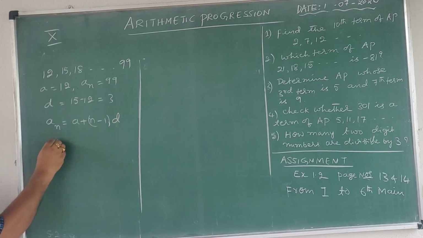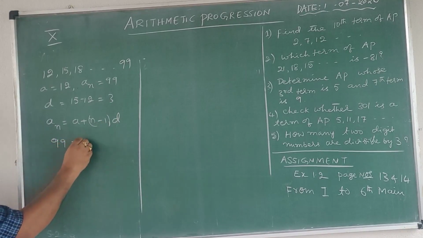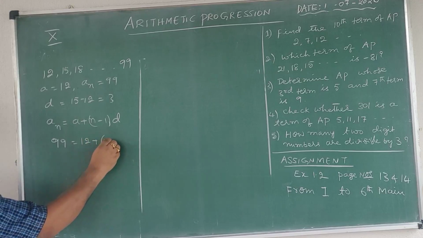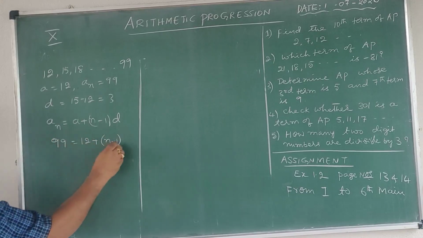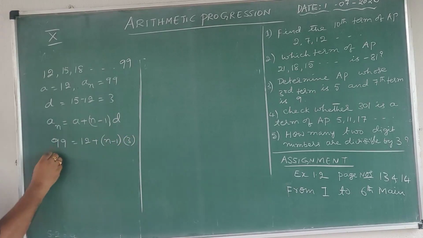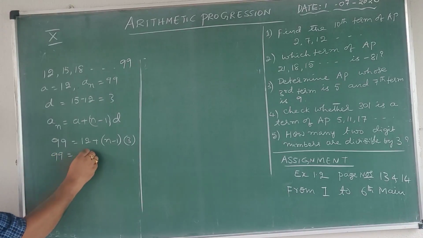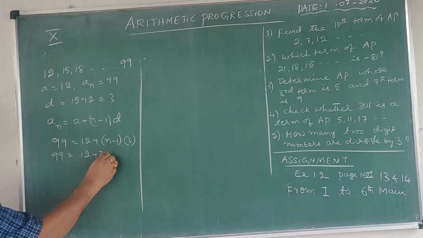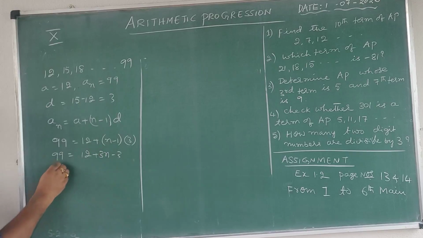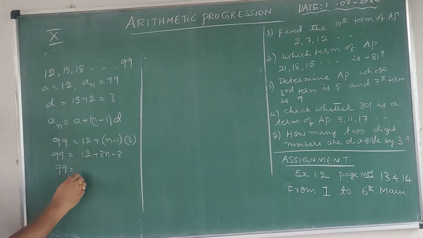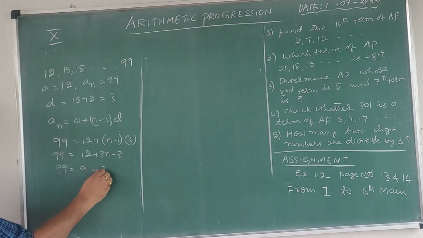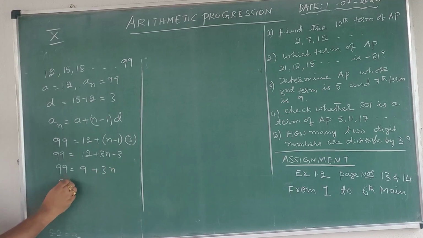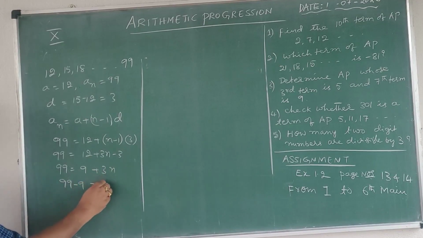An, that is 99, is equal to 12 plus n minus 1 into common difference 3. So, 99 is equal to 12 plus 3n minus 3. 99 is equal to 12 minus 3, 9, plus 3n.